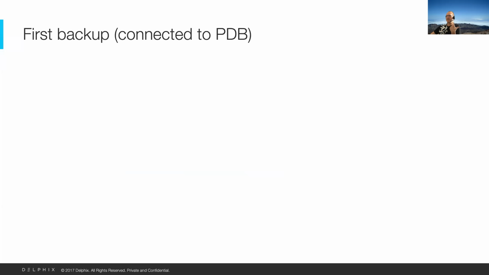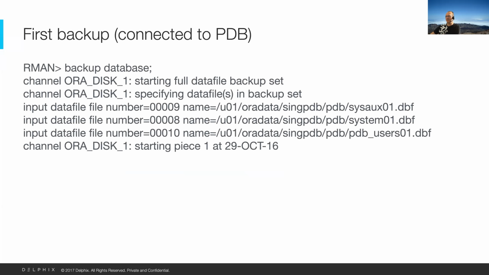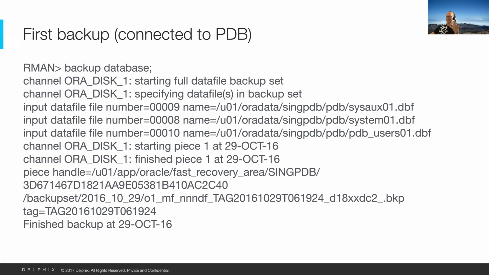Okay, what happens if you connect to the PDB only? Again, backup database is the same command, and this time we backup only the PDB. From the script perspective, it's very nice to have the same simple command, backup database, and depending on where you connect, you see a slightly different output.